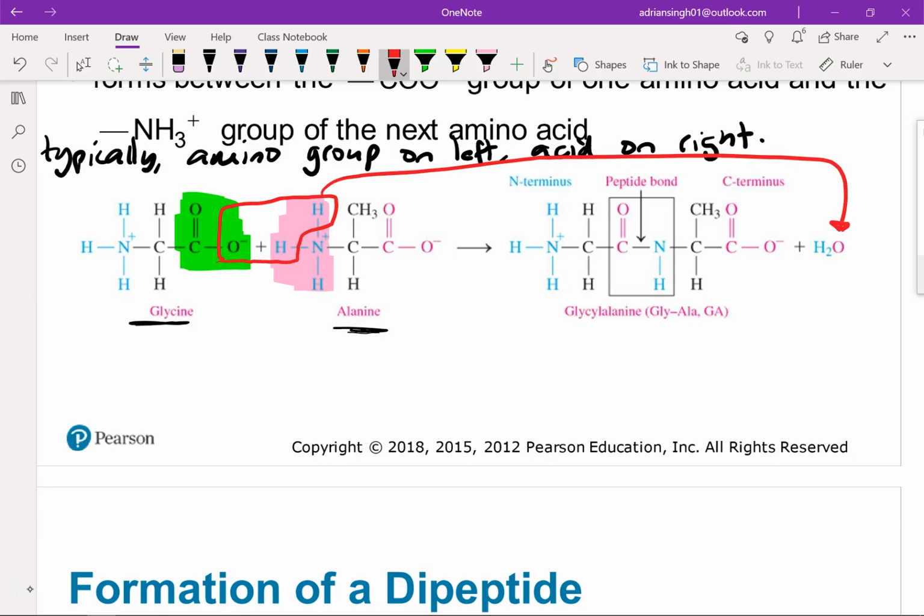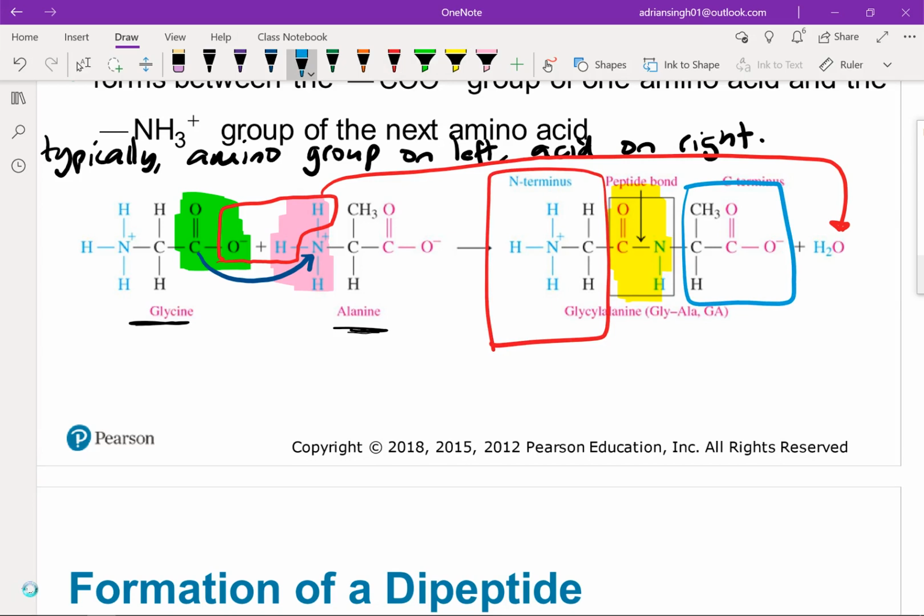And then all we do is link together this carbon and nitrogen. So we end up forming our brand new peptide bond, which is this bond here. And we still have our glycine on the left side, and then we have our alanine component on the right side.